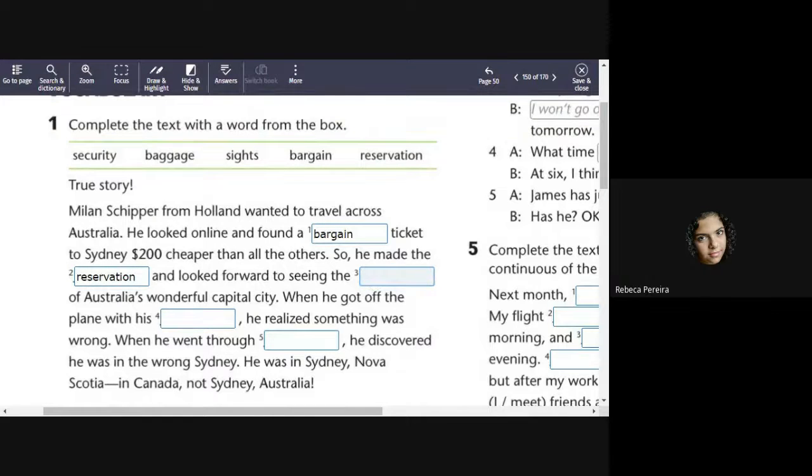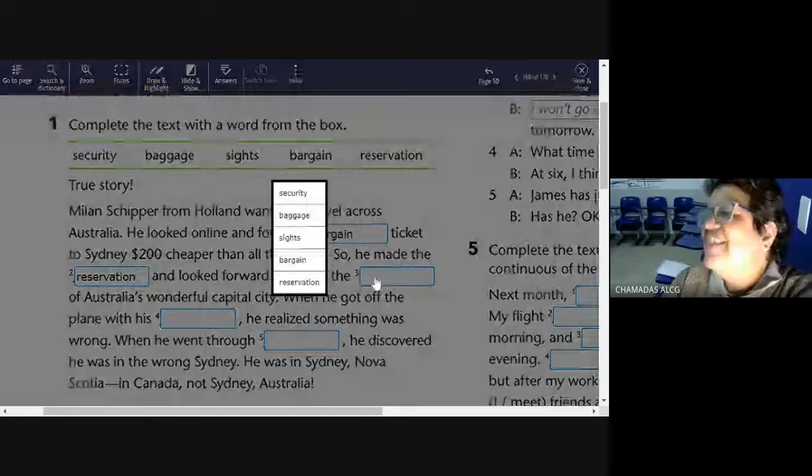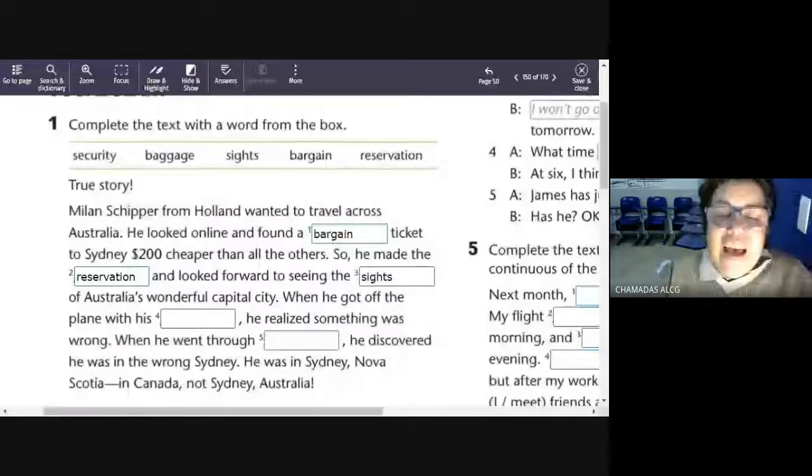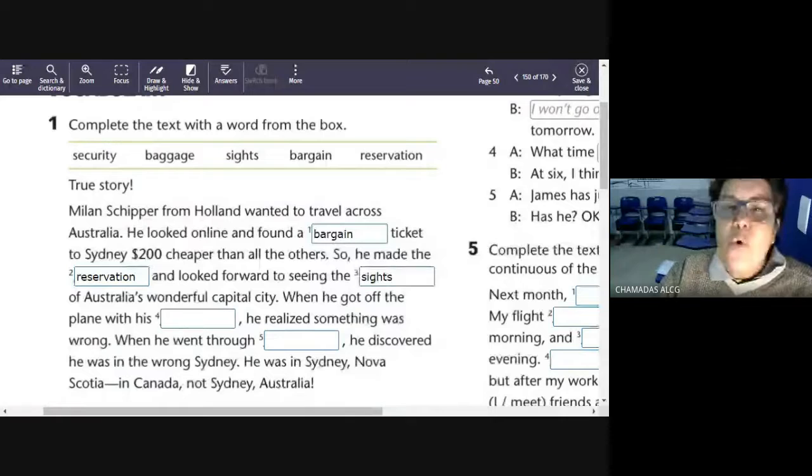Sights. Yes, the sights. The sights in a city are the most important places to visit when you are a tourist.